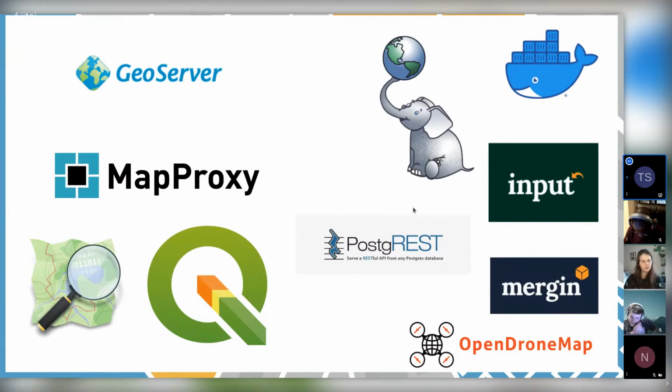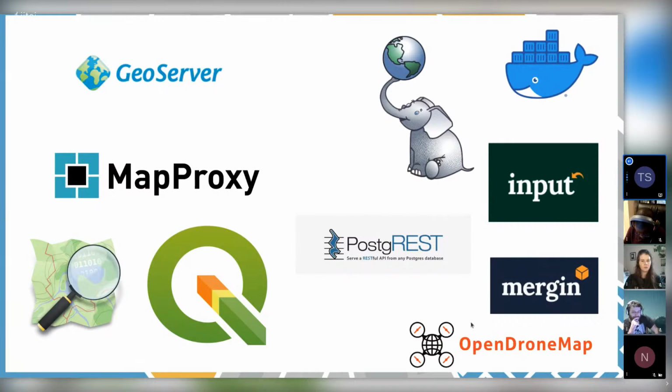OpenStreetMap, because that's an amazing source of data to put into our stack. Input and Mergin, which provide an awesome way to move data from mobile and collaborative work into the stack. And ODM, or Open Drone Map, because that's an awesome way to produce your own imagery.